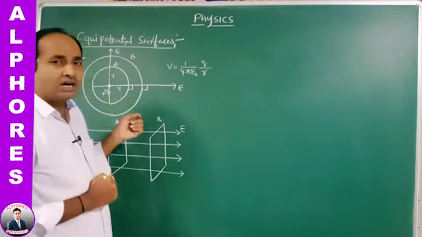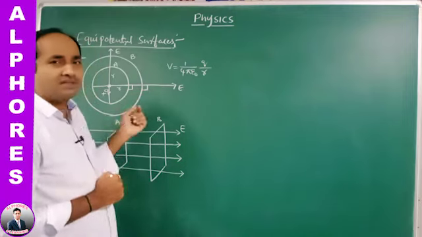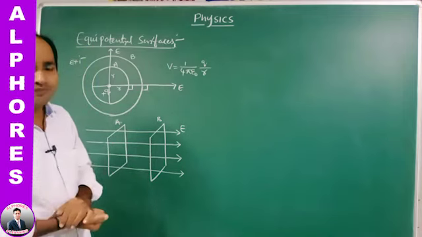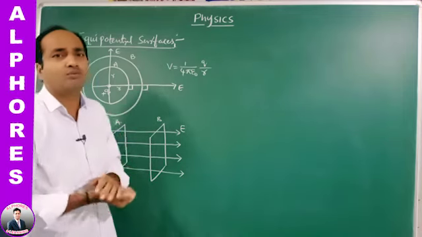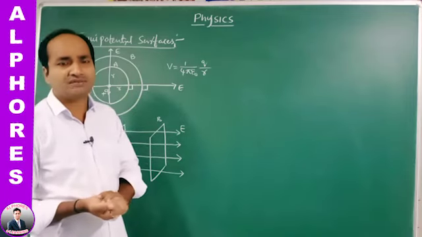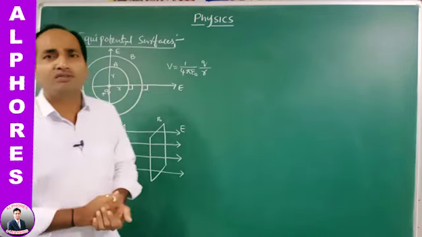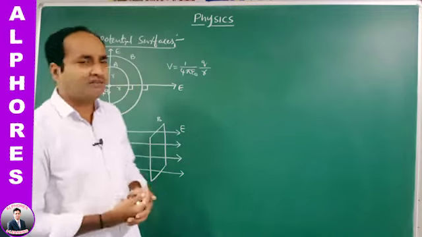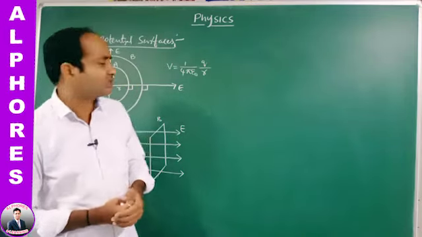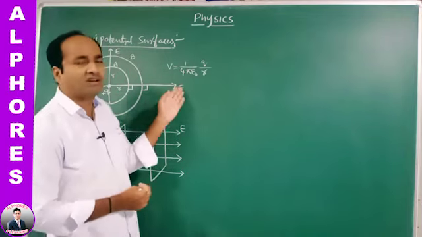Then to move the charge on the equipotential surface from one point to another, some work has to be done. When work has to be done in moving the charge from one point to another on the equipotential surface, then the potential value will be different. If the potential value is different, then it is not treated as an equipotential surface. So this is a contradiction to our definition.